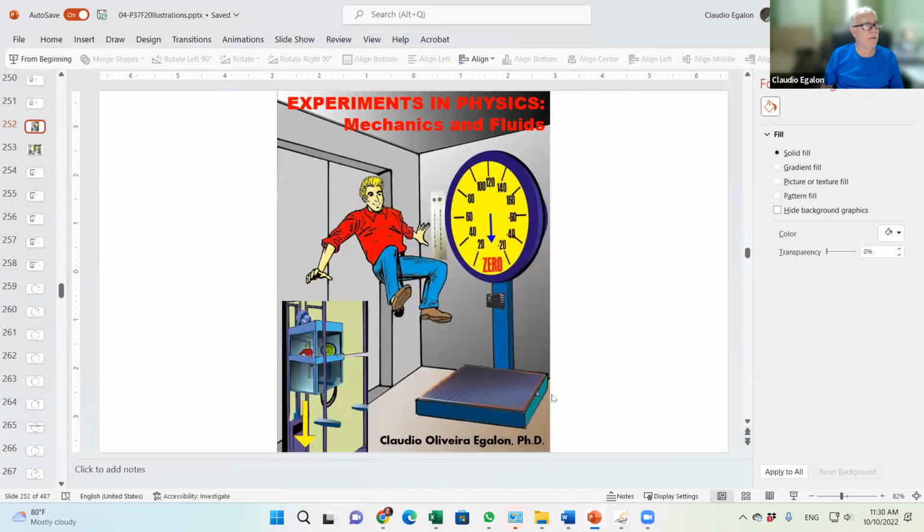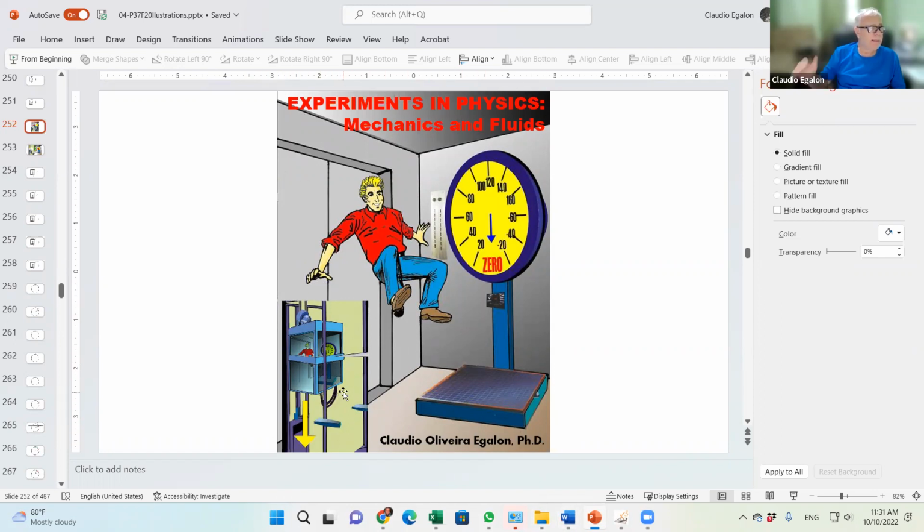Oh yeah, here you go. I have here an illustration of the condition of weightlessness. We can simulate this condition of weightlessness here on the surface of the Earth. You don't have to go to space to simulate it. That's the case, for instance, of an elevator. We have someone inside an elevator, right?